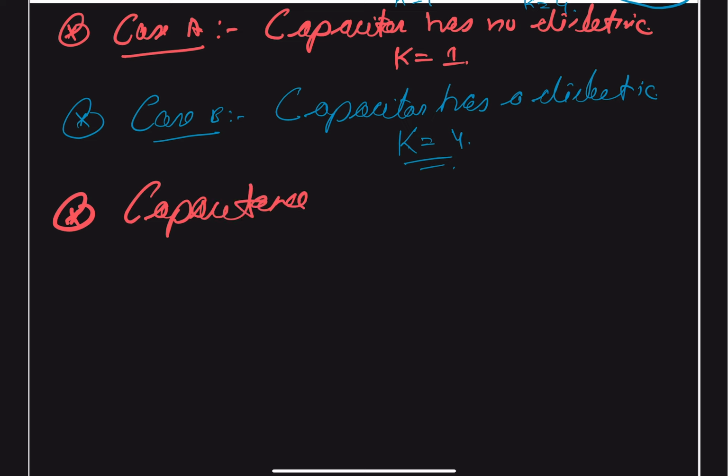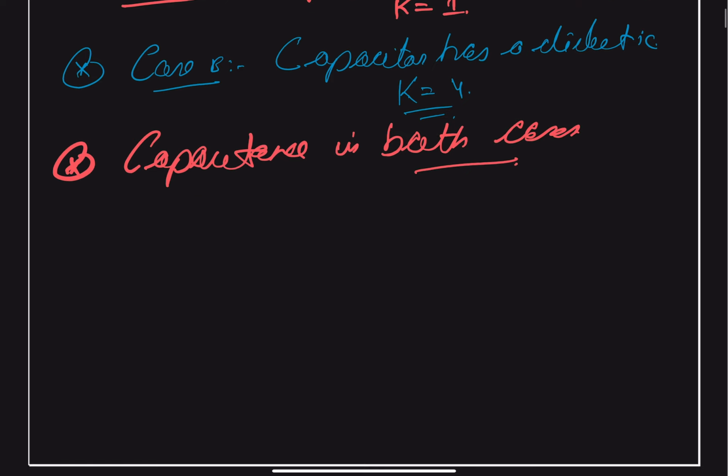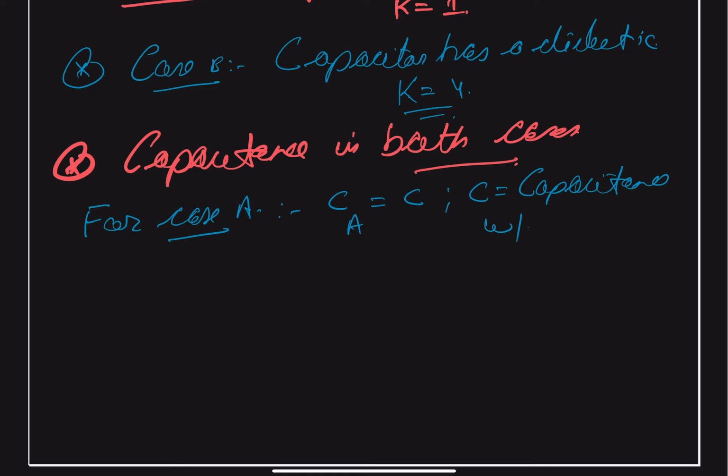For case A, which is without dielectric, we can say the capacitance of A is equal to C, where this C is the capacitance without dielectric.